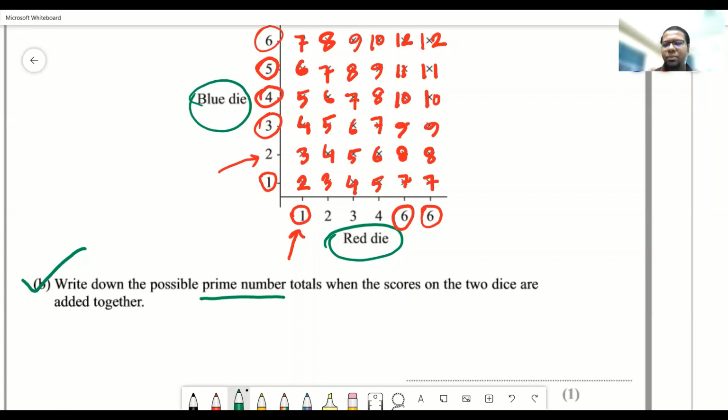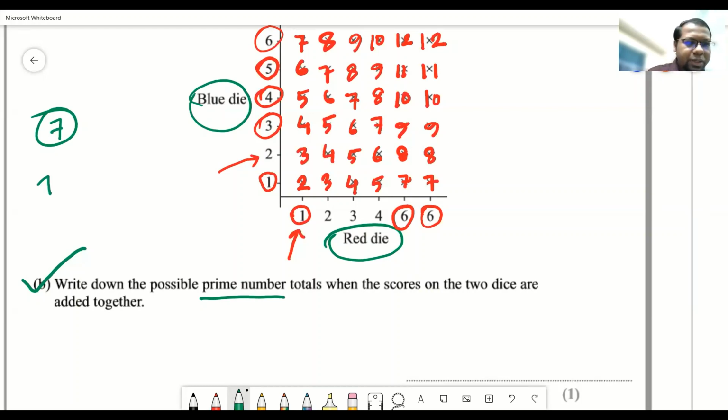So a prime number is a number which can be divided by itself and 1. Like, say, for example, 7. If you want to have an integer after division, you can do it only by two numbers.